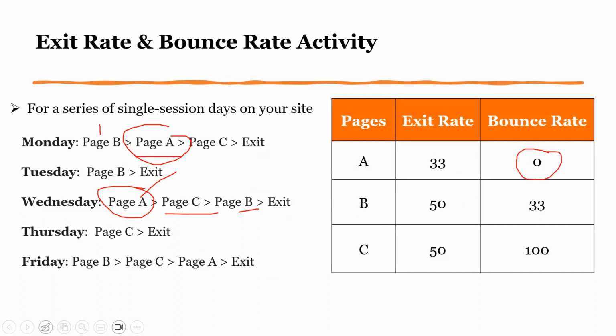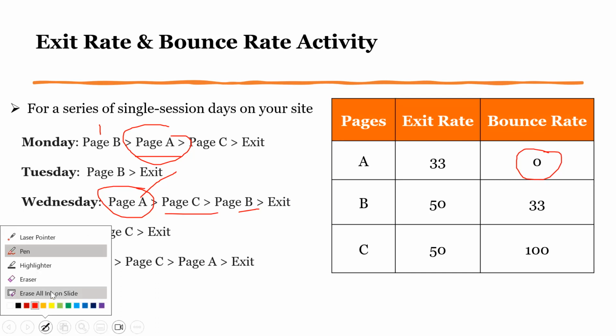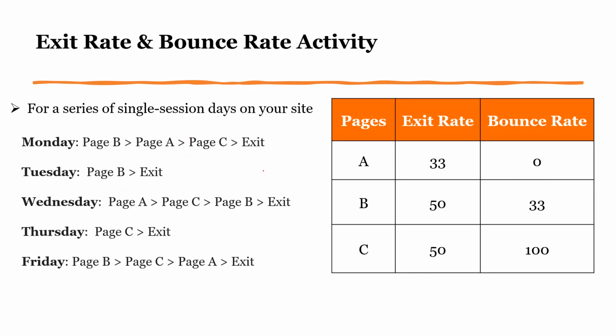Now coming to B, I think I should erase the links. Now coming to B. Here it came, but it exited from C. On Tuesday it happened. On Wednesday, it didn't come from page A, it starts with page B. Remember, bounce rate starts with the page.